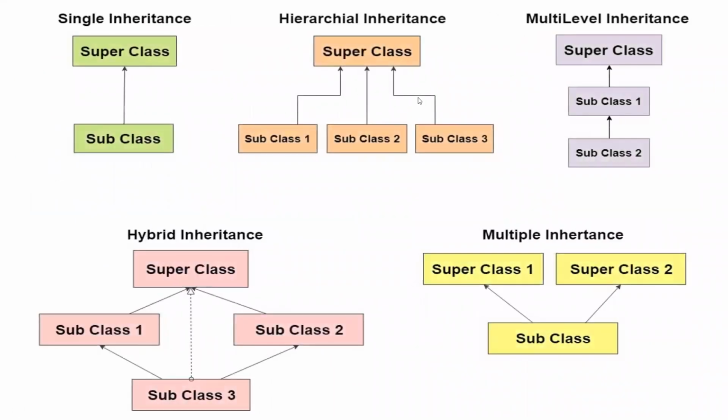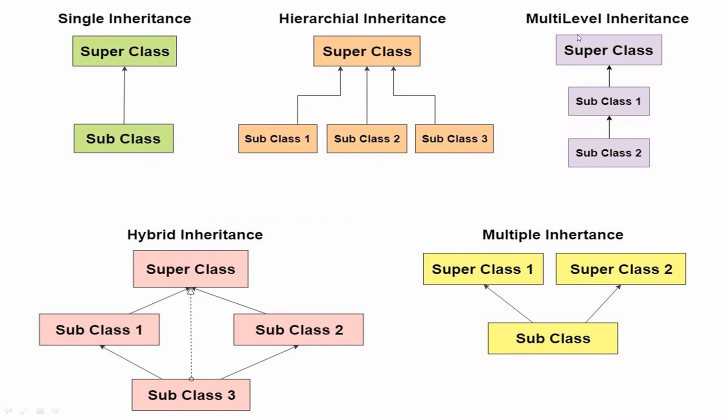This is the complete overview of the different types of inheritance. In single inheritance, there is a single superclass and a single subclass, also called a single parent class and a single child. In hierarchical inheritance, we have different subclasses, which are further divided into more subclasses, by a single parent class.